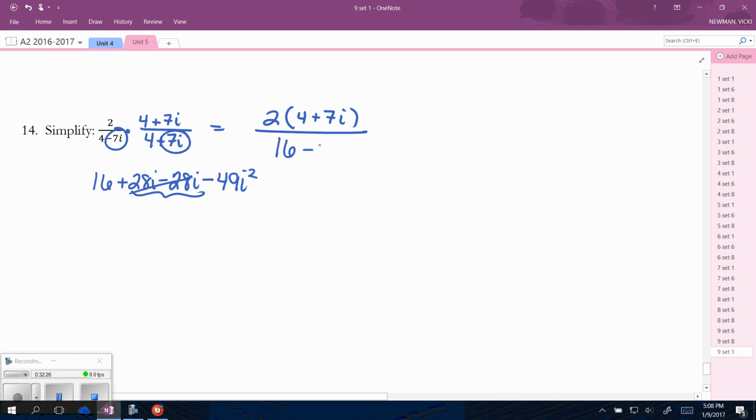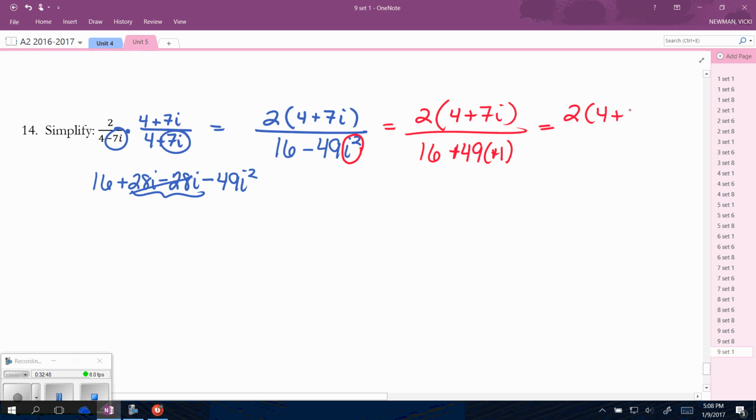So I have 16 minus 49i squared. You have to know that i squared is a -1. So that we really have 2 times 4 plus 7i over 16 negative 49 times -1. That's positive 49. So 2 times 4 plus 7i, 16 and 49 is 65. And it's over.